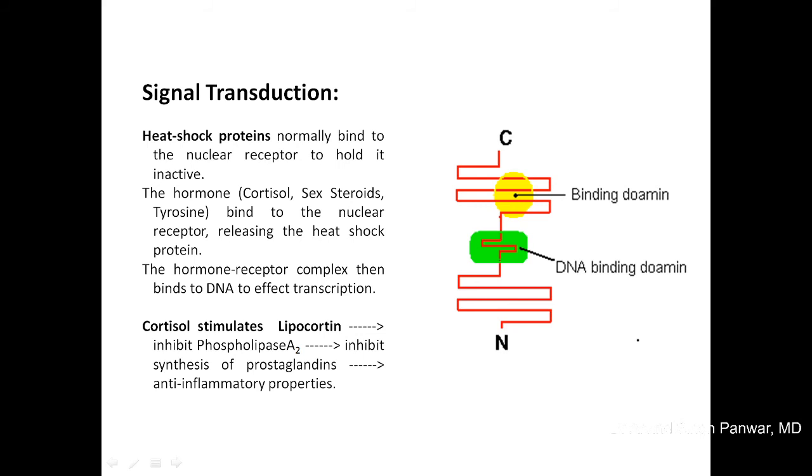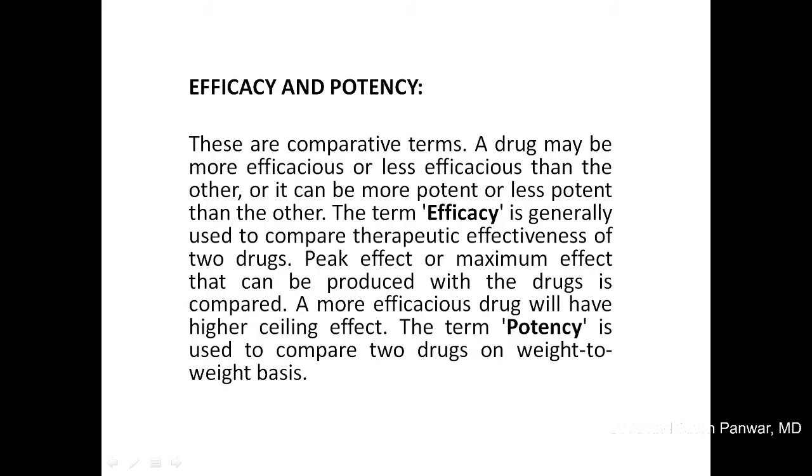The hormone receptor complex then binds to the DNA to affect transcription. Cortisol stimulates lipocortin, which inhibits phospholipase A2, which inhibits synthesis of prostaglandin and ultimately plays an anti-inflammatory role. So this is about the receptors.